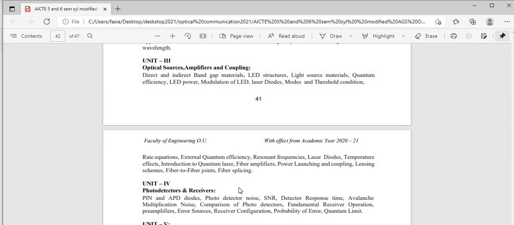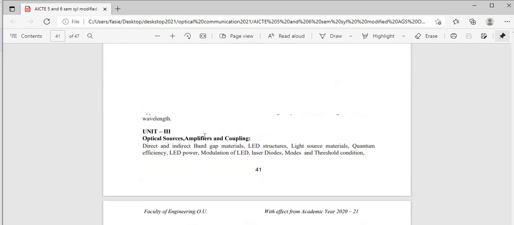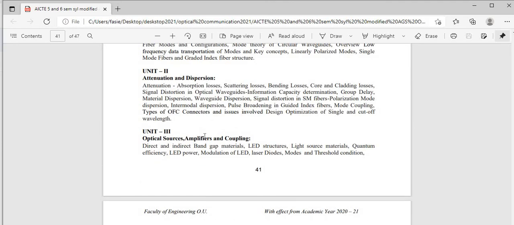Clear? So till now we have discussed all these concepts, starting from the direct and indirect part of it, how the amplifiers and couplers are going to use these energy parts and the structures, light source materials, quantum efficiency, LED powers and everything. Those we already covered, and we just have to see how it is going to work.